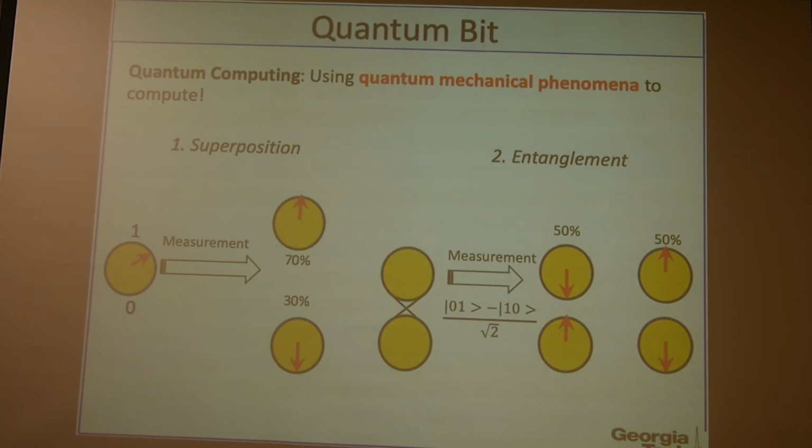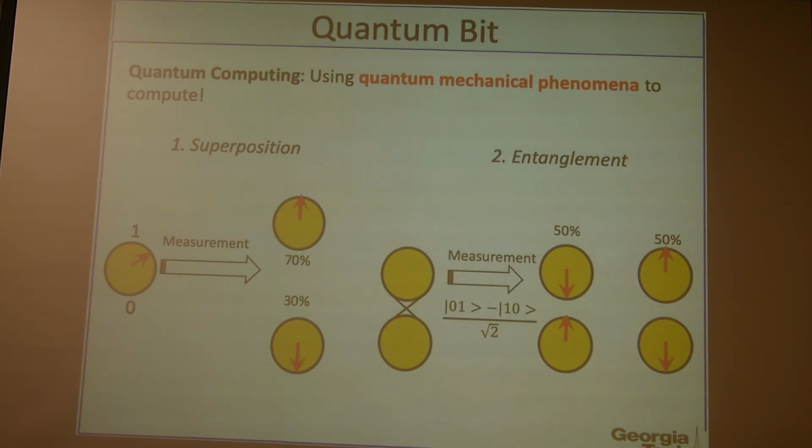So what we were talking about is that in quantum mechanics, there is this concept of superposition, where a bit can be 0 and 1 at the same time. In logic gates, you have studied zeros and ones, right?